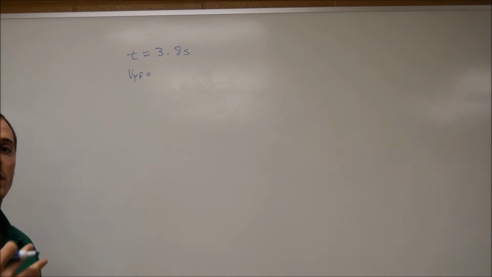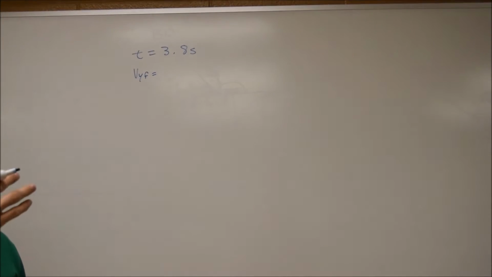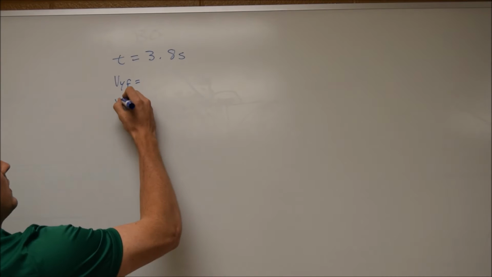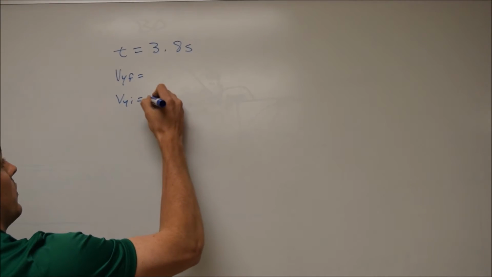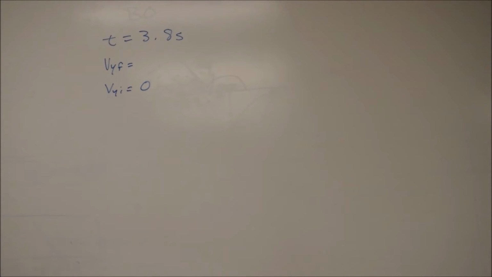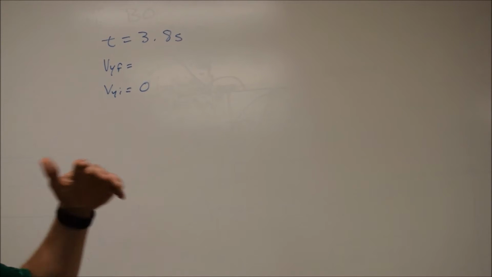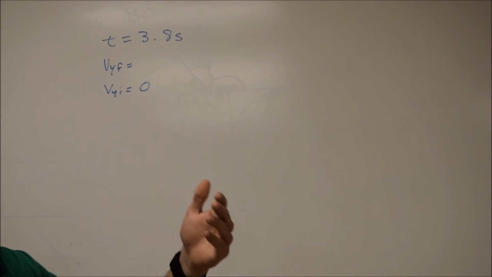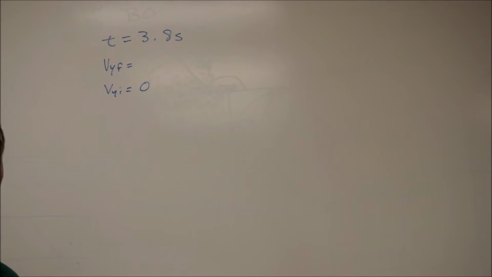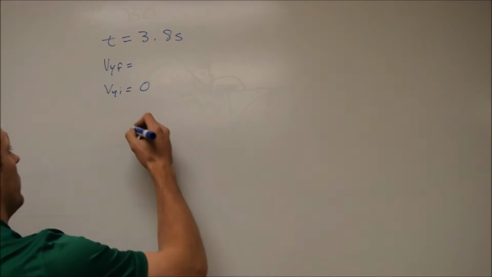So we already know that the initial velocity, since it's starting at the top, so the Vy initial is going to be equal to 0. And that again comes from, since it's starting at peak, it has a brief moment where its vertical velocity is equal to 0.